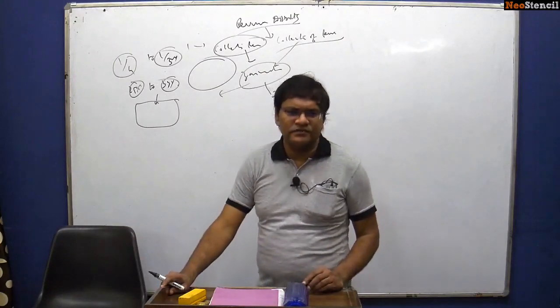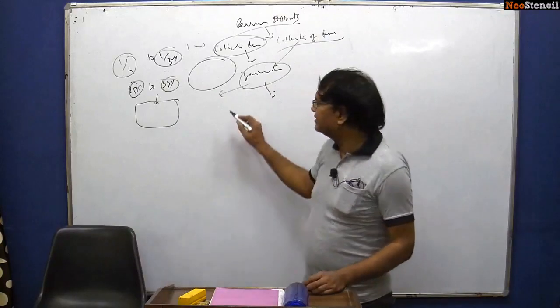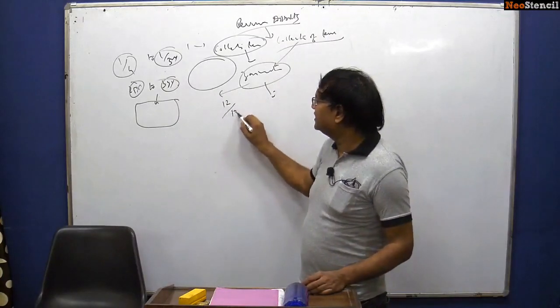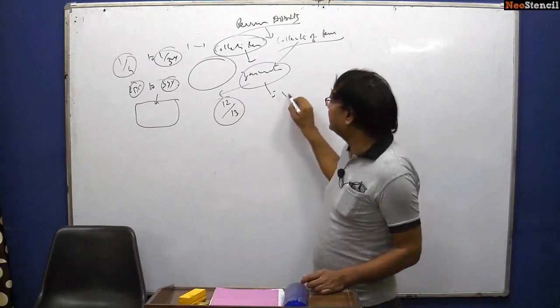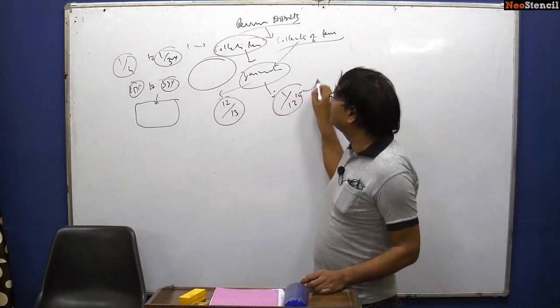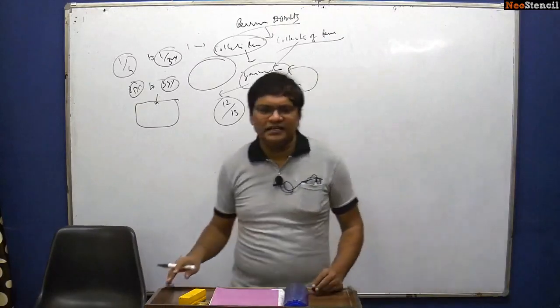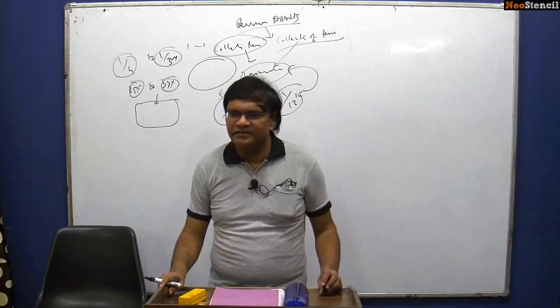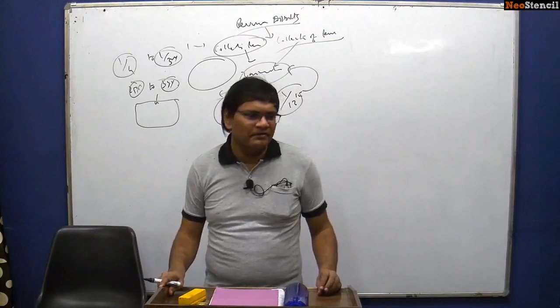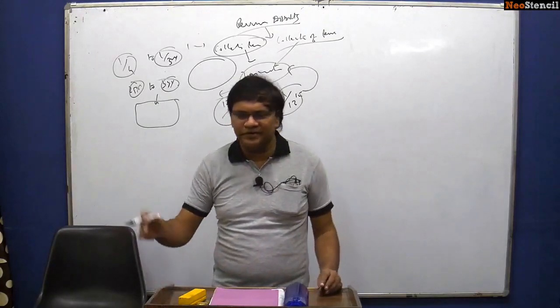For example, 12/13 of the revenue would go to the East India Company and 1/13 would go to the jamindar for collecting the revenue. Means what is the percentage?